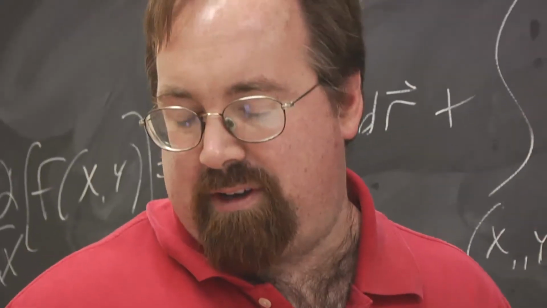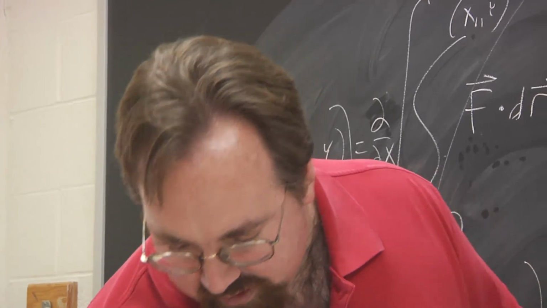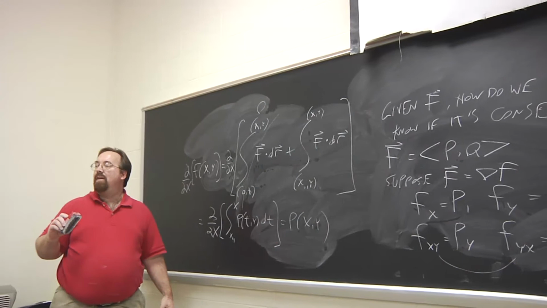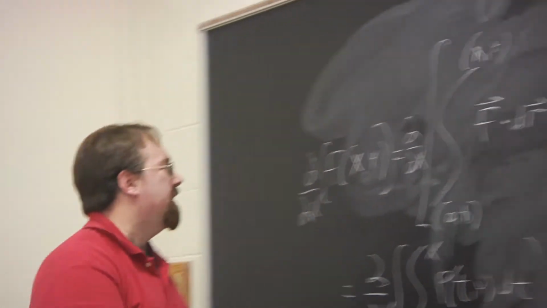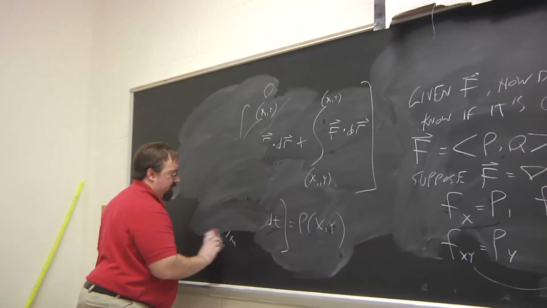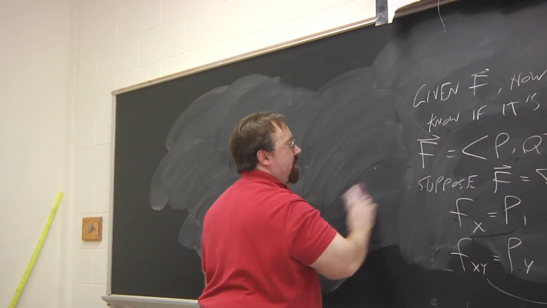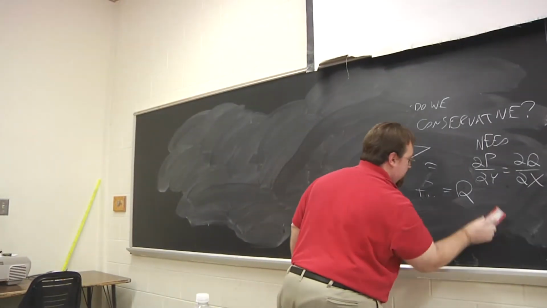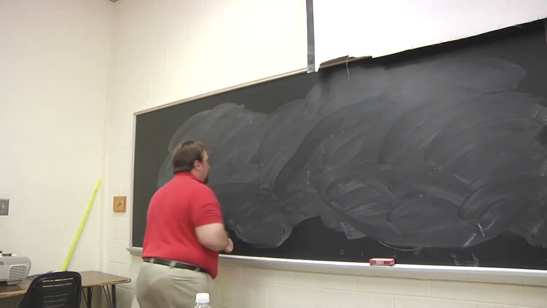So once that happens, for the fundamental theorem of line integrals, we still need to come up with a function little f whose gradient is big F. Fortunately, there is a systematic procedure for doing it.